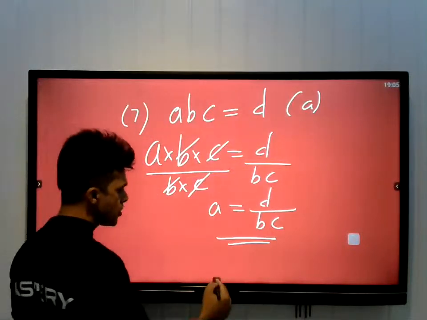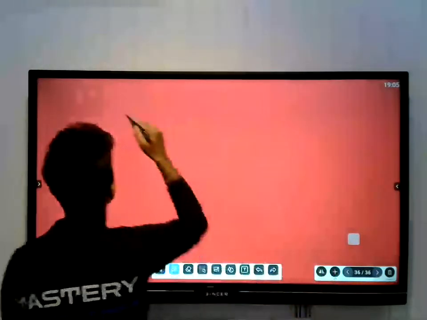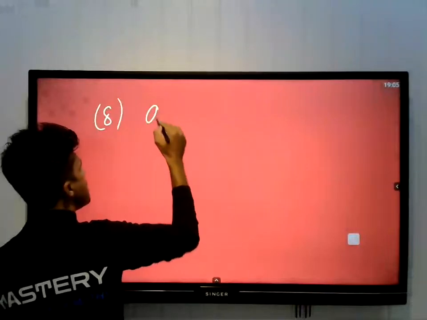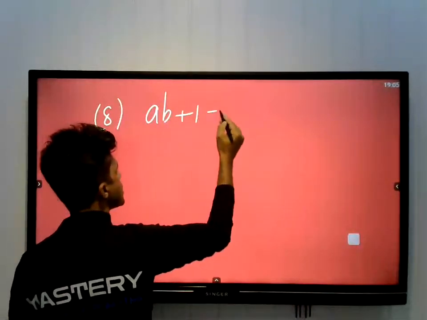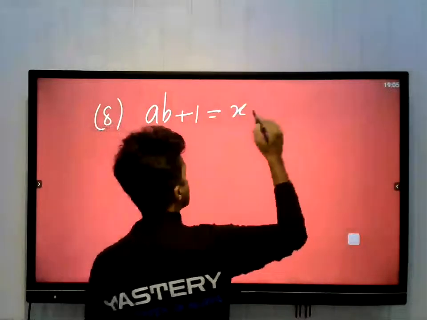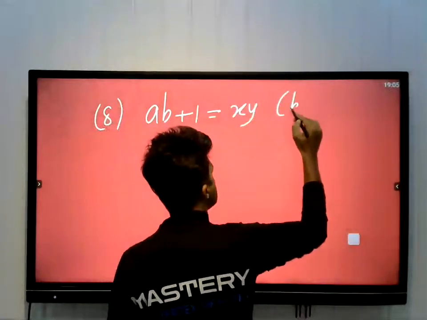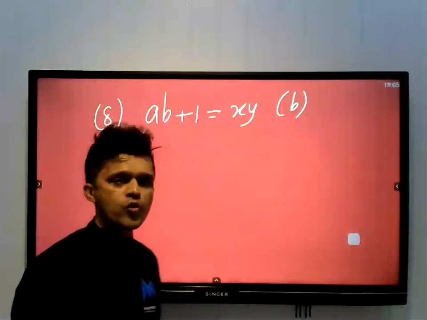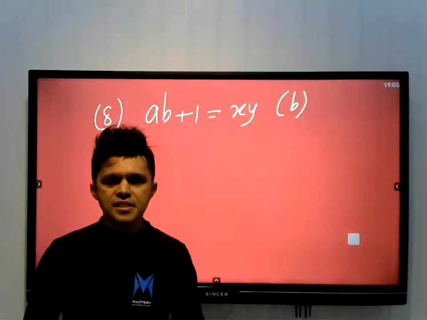Okay, let's do the next equation. Here, AB plus 1 equals xy. Let's write the term B as the subject. How do we write this term B as the subject?